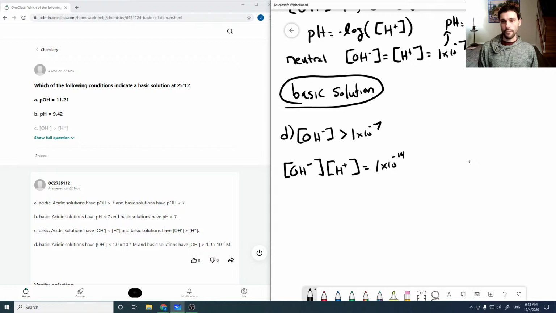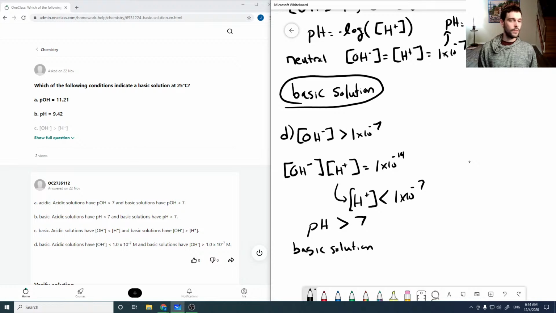And so if our OH minus concentration is greater than 1 times 10 to the minus 7, then that means, because of this, that our H plus concentration is less than 1 times 10 to the minus 7. And if our H plus concentration is less than 1 times 10 to the minus 7, then our pH is greater than 7, which means that we have a basic solution.